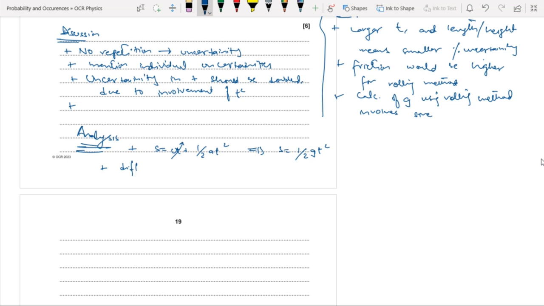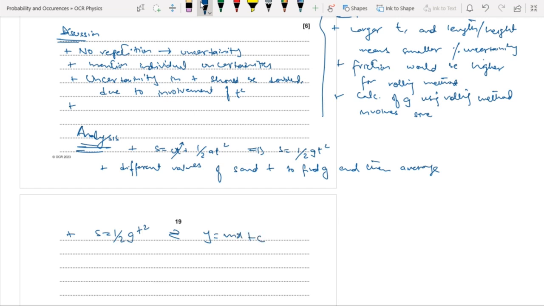Different values of s and t to find g, and then take average. Now, in order to find the percentage uncertainty in the final g value for both methods, the student would compare s equals half g t squared with the line equation.